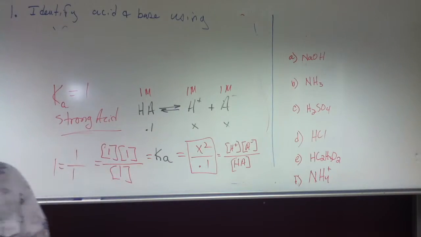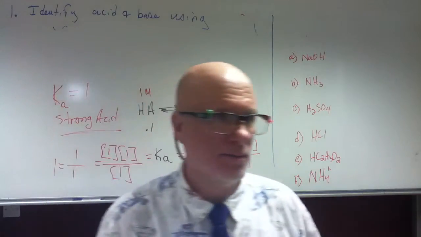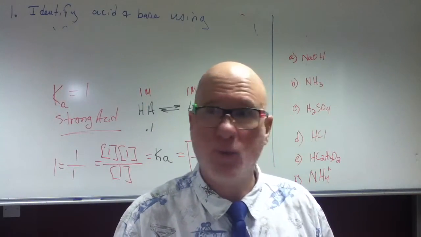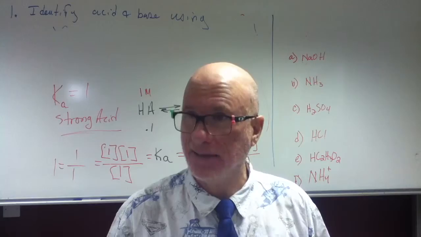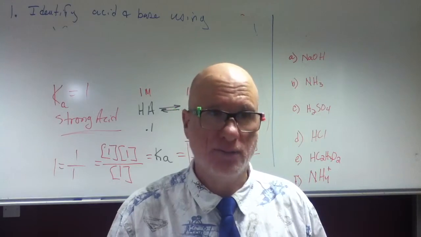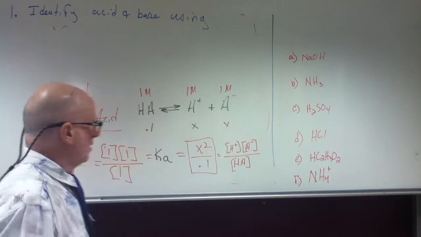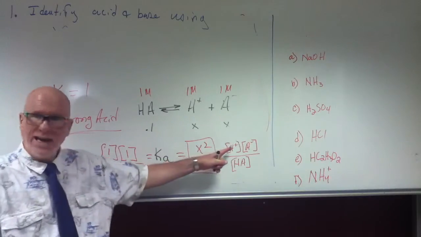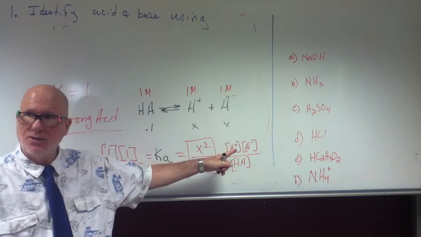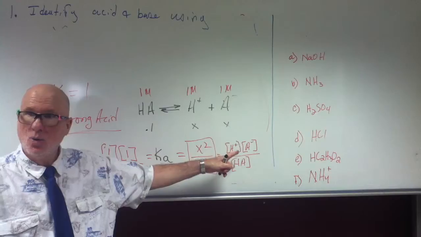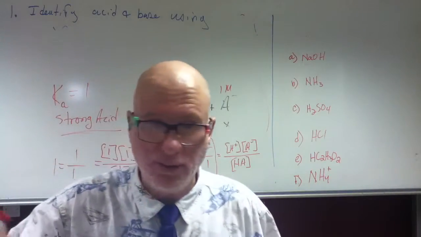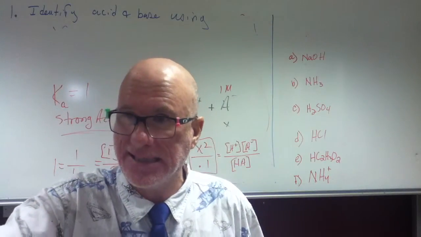Correct, yes or no? Okay, it would be 1 for a strong acid. Now, what would it be for a weak acid? Give me an example. In your book, you have Kas and Kbs.